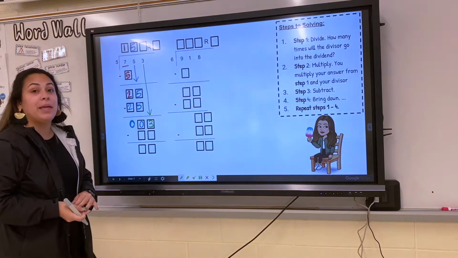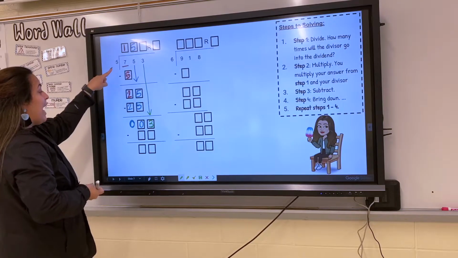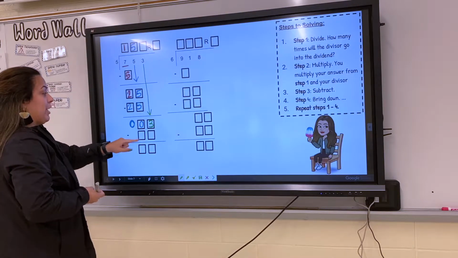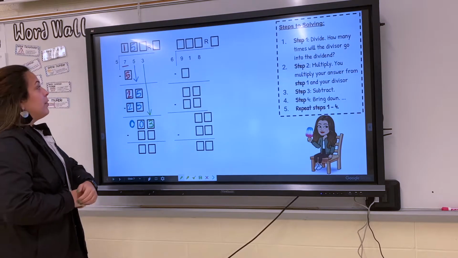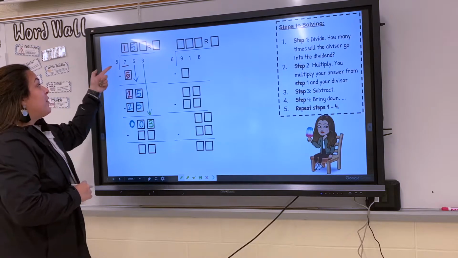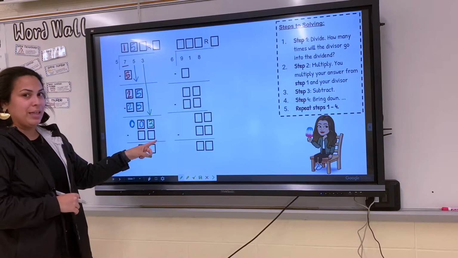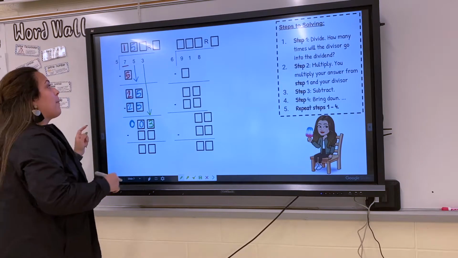Then repeat. I need to figure out how many times 5 can go into 3. I don't think 5 can go into 3 at all because 5 is greater than 3, so I'm just going to put a 0 up top.